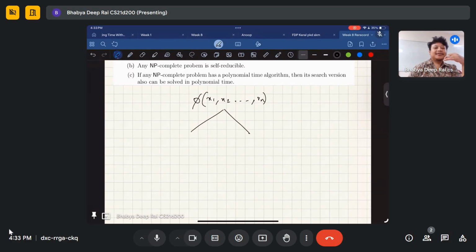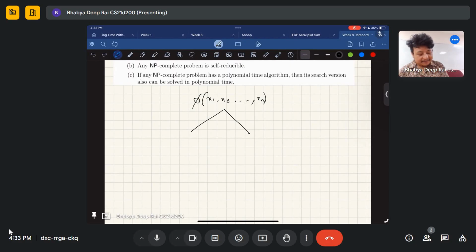So we are doing the opposite. Given that you can solve the problem easily, can you find the certificate? That's another way to say it. So what we'll do is we'll systematically and sequentially start assigning, fixing the inputs. Okay.